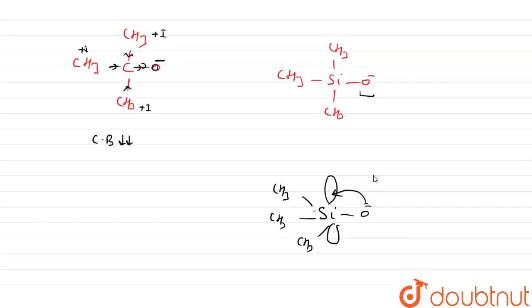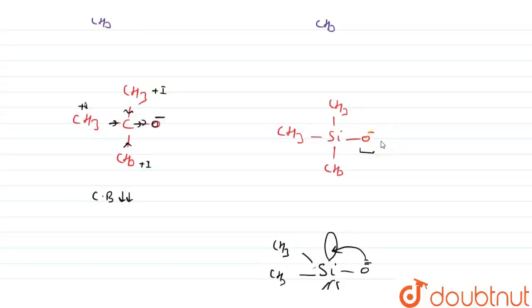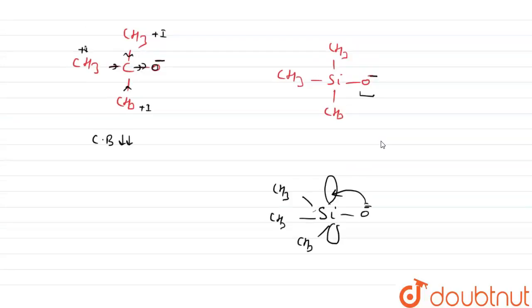It means resonance is possible. This is called back bonding resonance. So this conjugate base is more stable because it is stabilized by resonance, or back bonding, due to the empty d orbital of silicon. But carbon does not have any empty d orbital, so that conjugate base is very unstable.